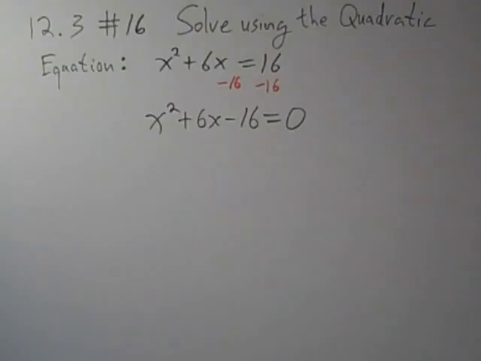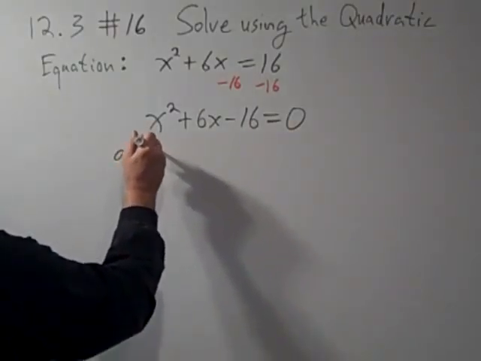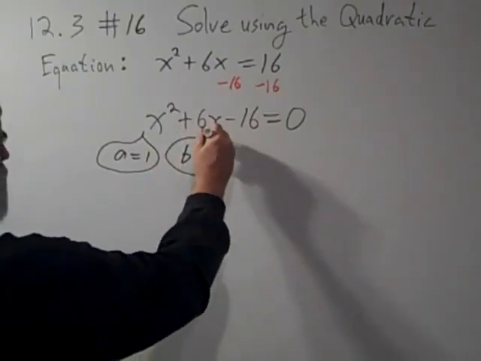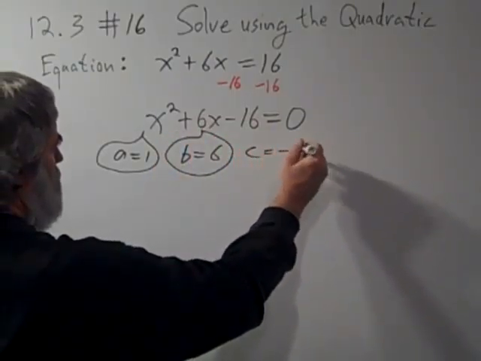And now we can apply the quadratic formula with a equaling 1, with b equaling 6, and with c equaling negative 16.